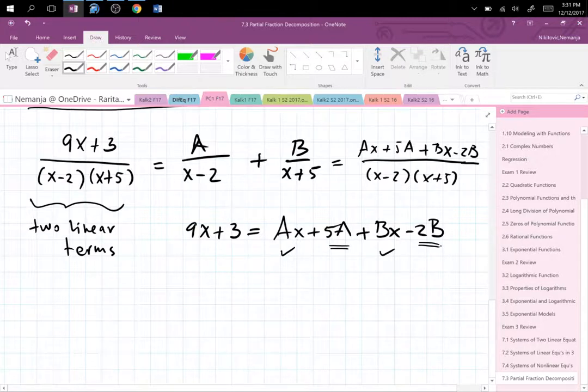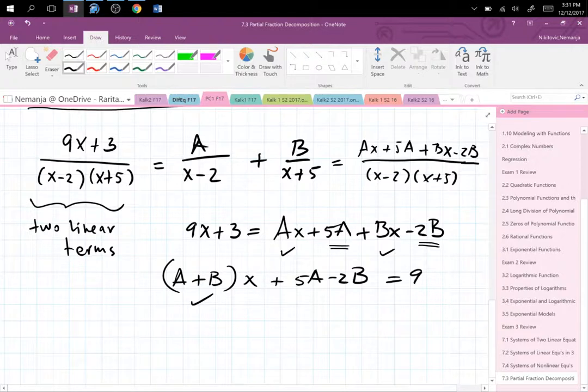So I have a plus b times x, and then you have plus 5a minus 2b is equal to 9x plus 3. Compare coefficients, and we're done.